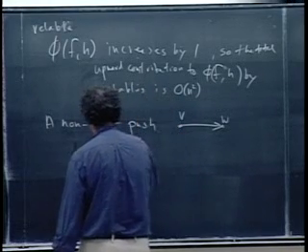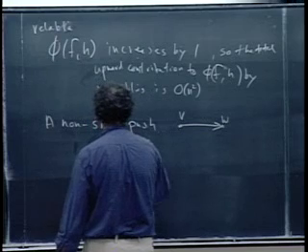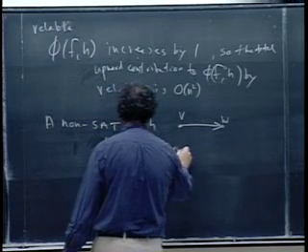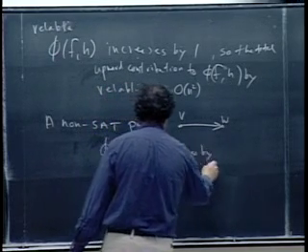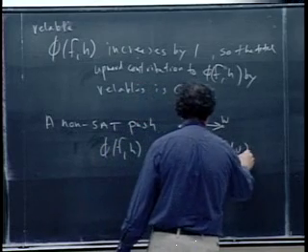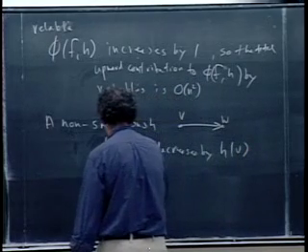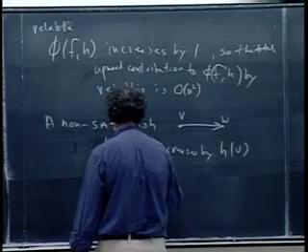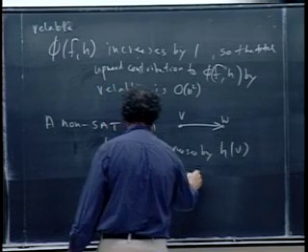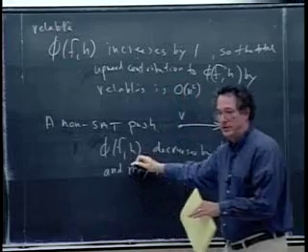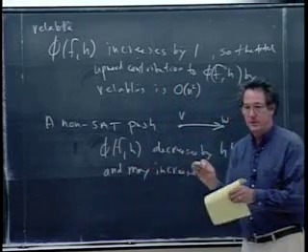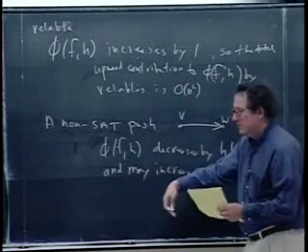So phi of FH decreases by H of V and may increase. I'm talking about locally. You're watching this function, and during a push you see it decline.